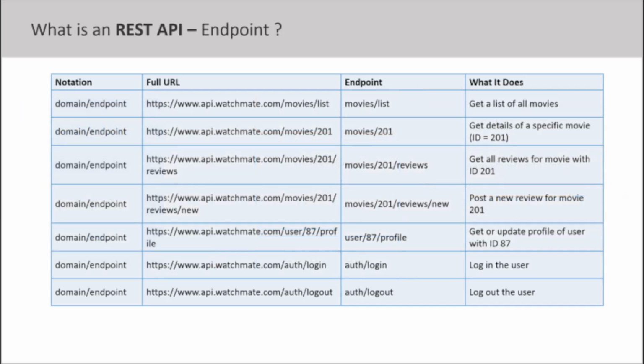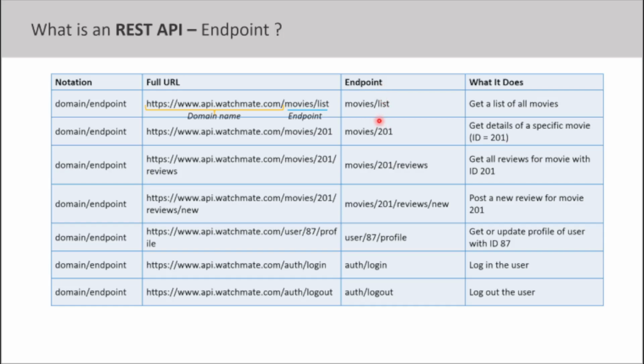For more clarity, look at how these endpoints are structured. For example, if you want a list of all movies, you hit an endpoint like slash movies slash list. And on the left hand side, you will find the complete URL. Again, the first part is the domain name and the second one is the endpoint.